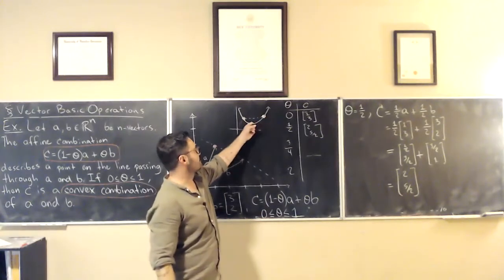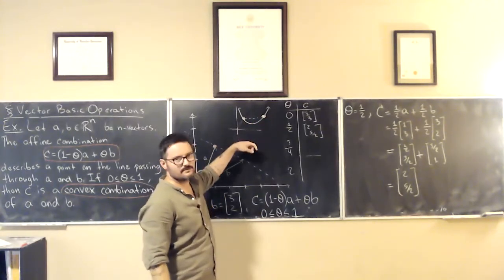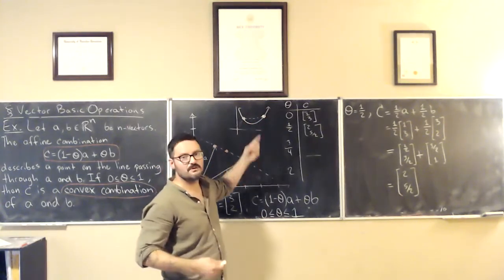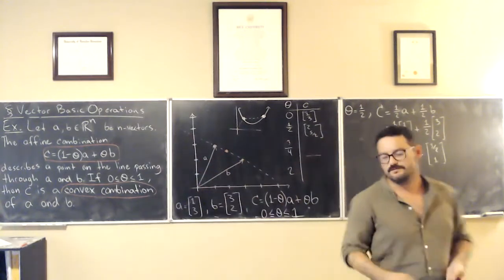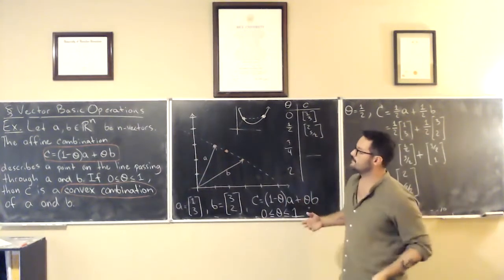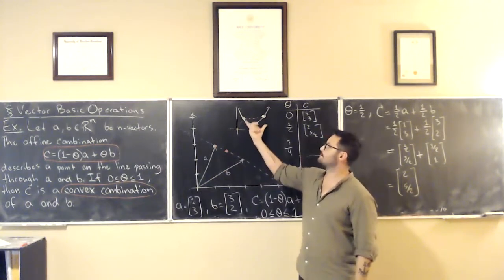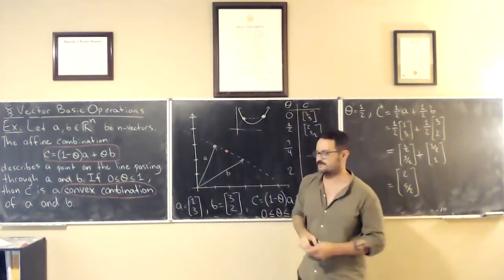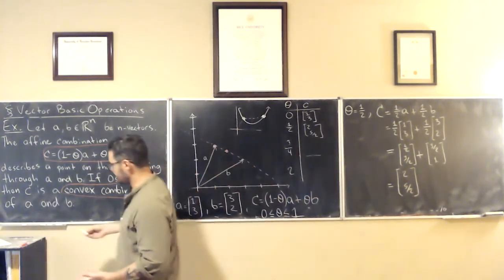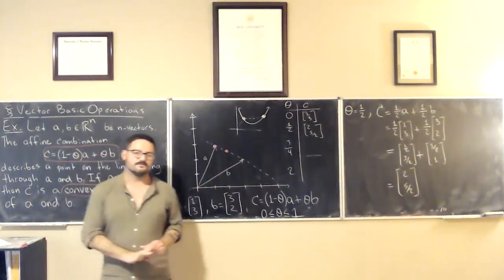Notice that line is always above that function, so we can somehow say something about there being a minimum below those points. It's kind of a vague way of saying it, but convex combinations tell us when we can look to convex graphs and shapes in space, which in terms of optimization is very important.